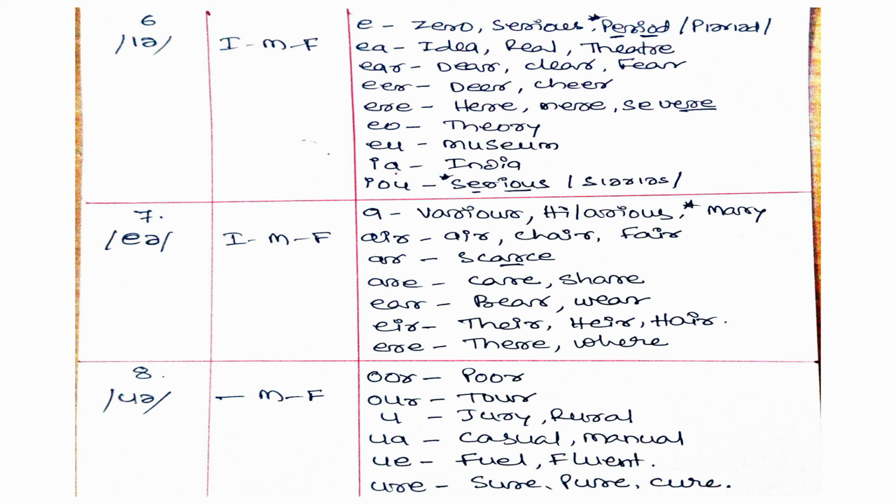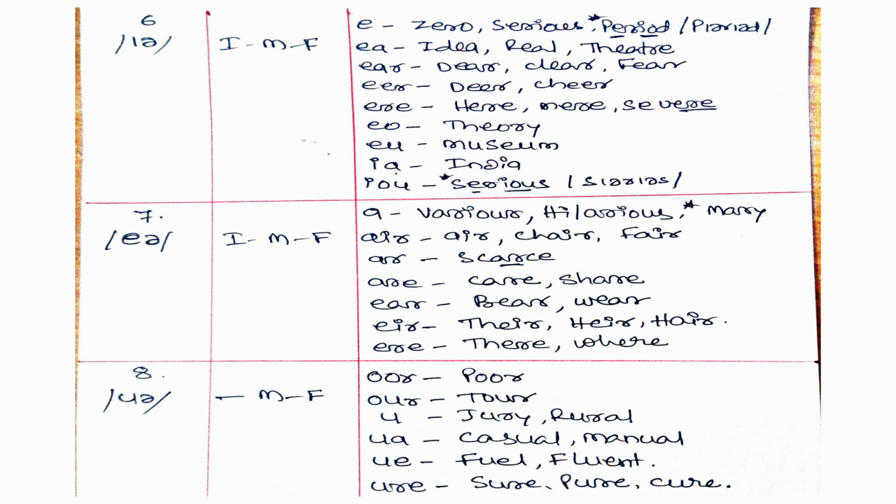Now this ear is represented with the letter E, and EA, EAR, EER, ERE, EO, EU, IA, IOU. Okay, now let's see the examples.